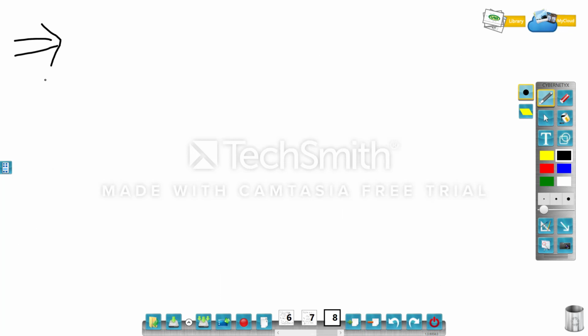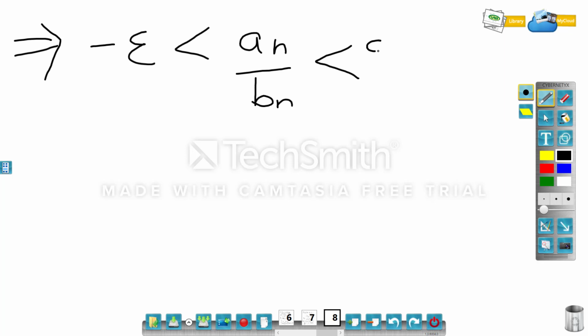That would imply minus epsilon less than An upon Bn less than plus epsilon for all n greater than or equal to n naught.